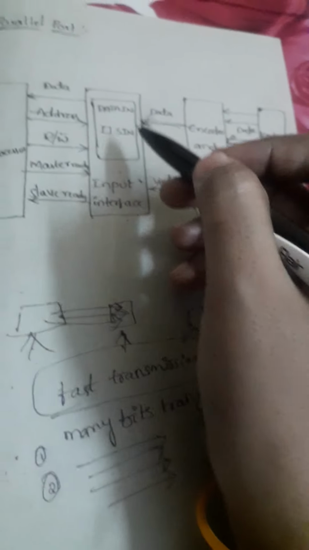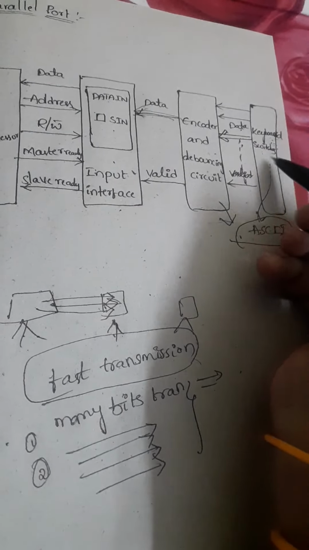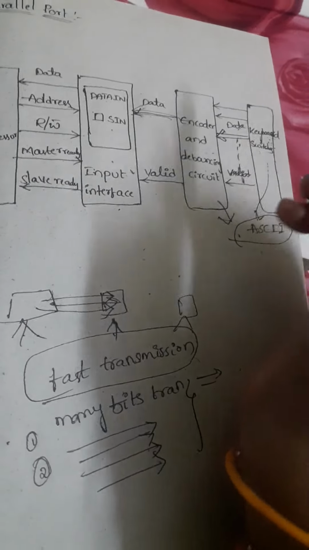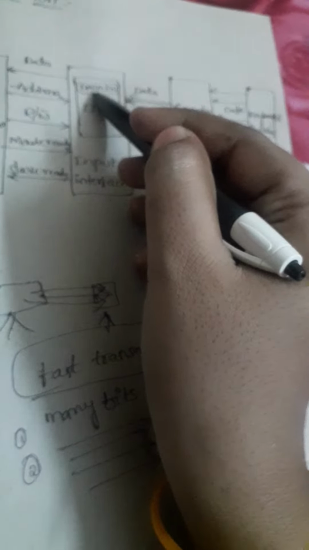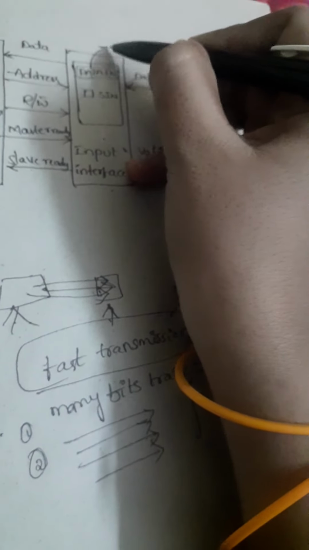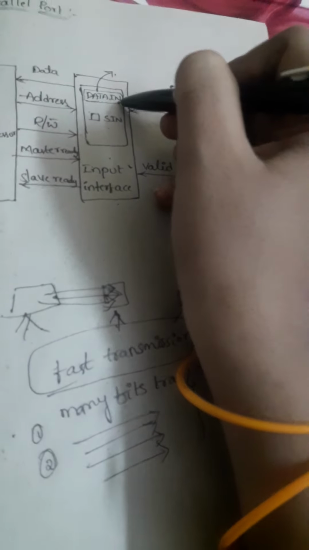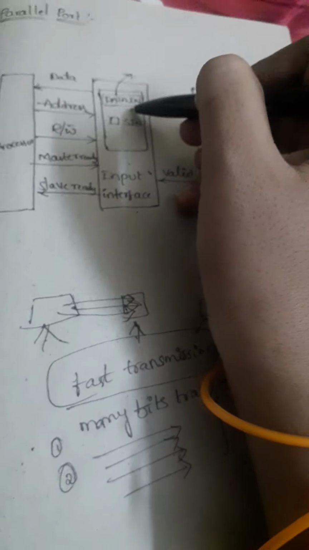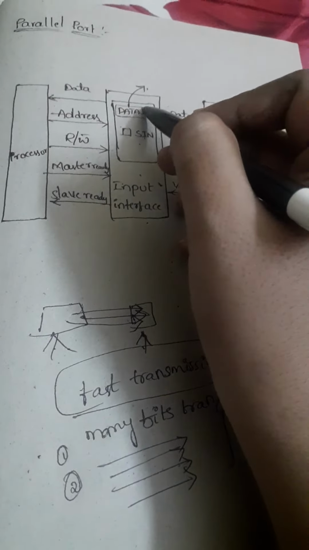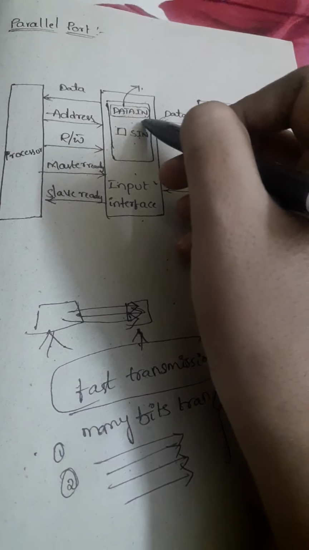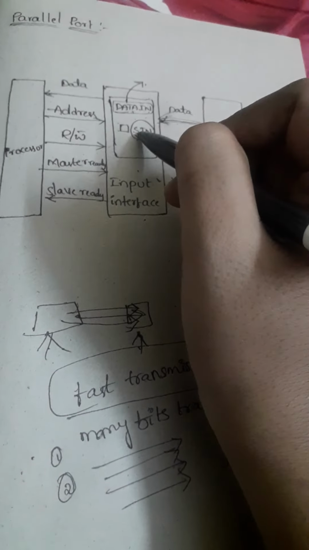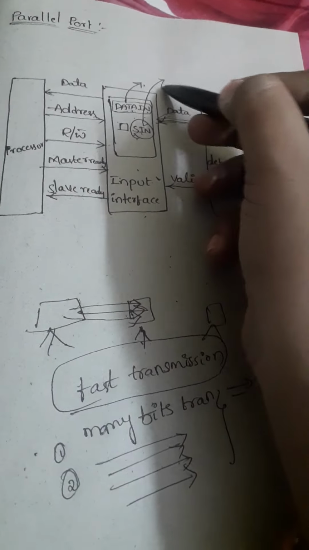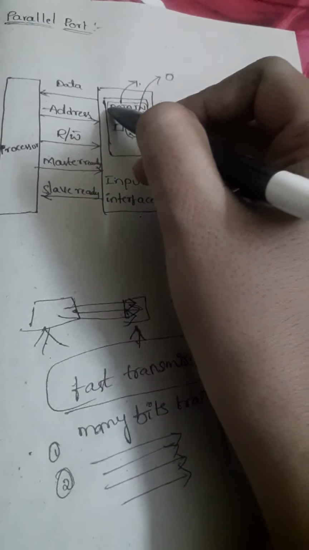Whenever information comes from the keyboard, it will be stored in a particular register, the input data register. Once the data input register consists of some information, the SIN flag changes. Initially, without any information, the SIN flag will be 0.